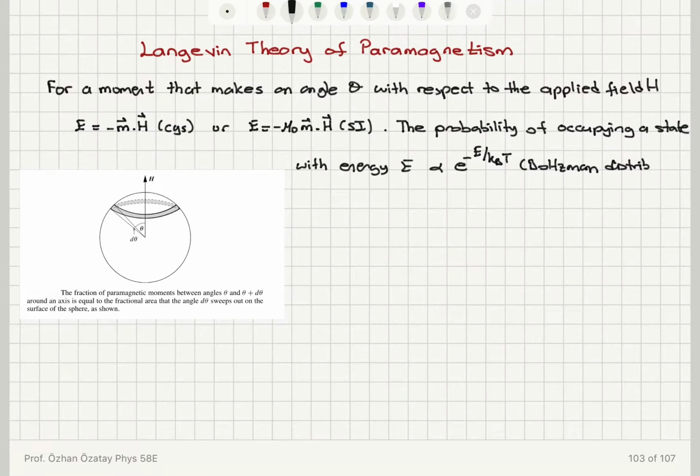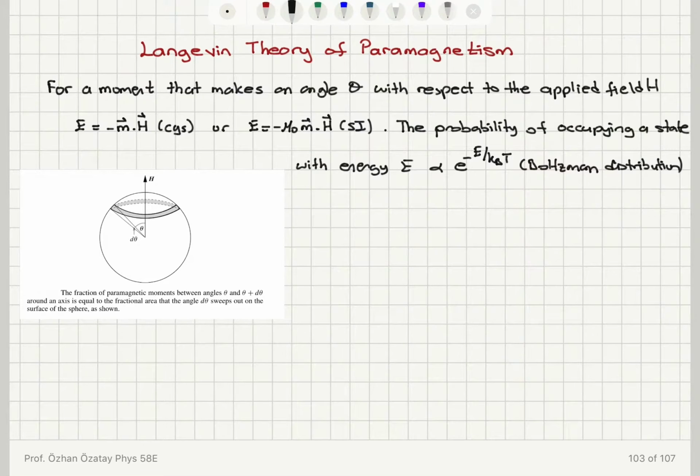For Boltzmann distribution to be applicable, you need to have a system that is in contact with a thermal reservoir, and that's exactly what we have. We have a localized moment that is in thermal contact with the rest of the lattice, so it's going to be obeying the so-called canonical distribution.